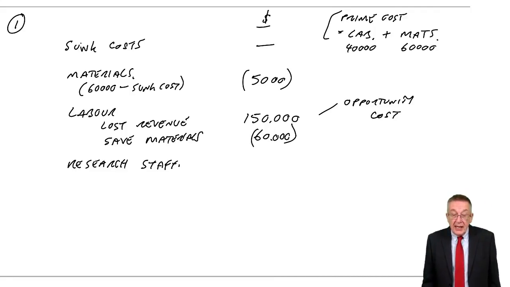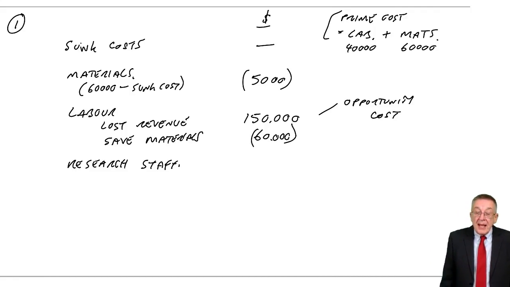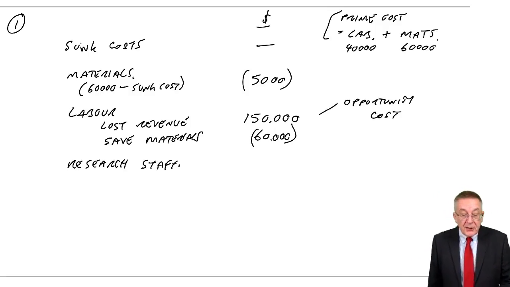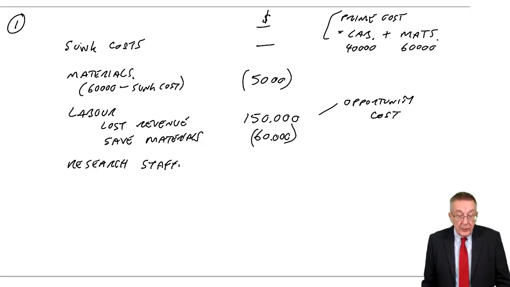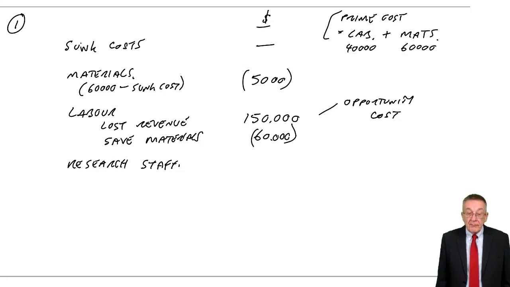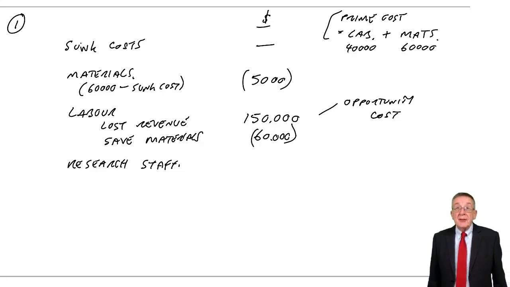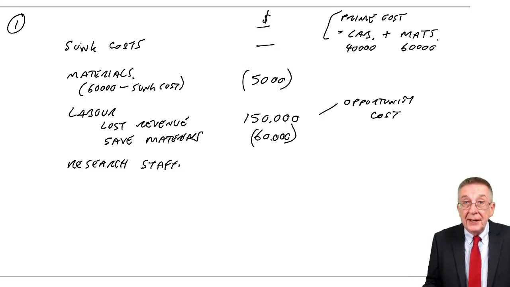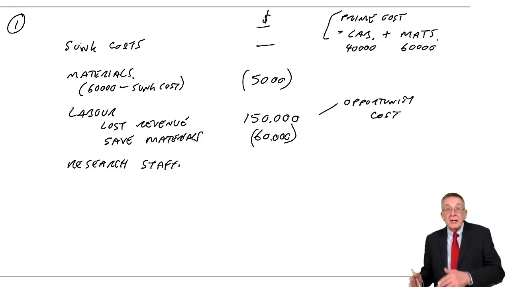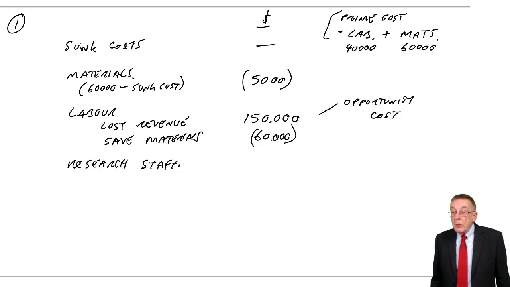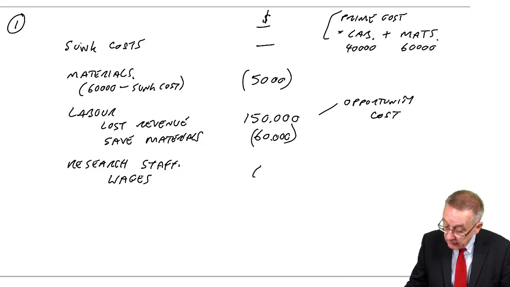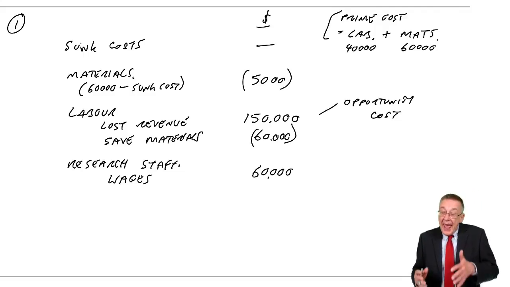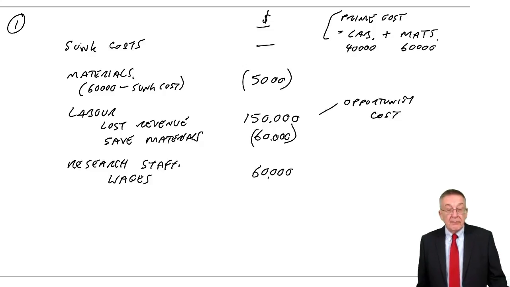Research wages for the year are 60,000, and redundancy and severance pay has been estimated at 15,000 now, or, if we wait a year, 35,000 in a year. I'm trying to work out the costs of carrying on for a year, because either we carry on for another year or we stop now. Well, if we do carry on for a year, we will have to pay a year's wages, 60,000. So there's another extra cost of continuing for the year.